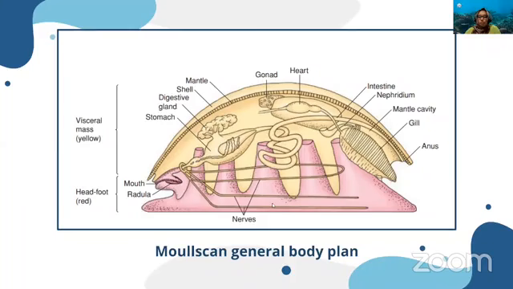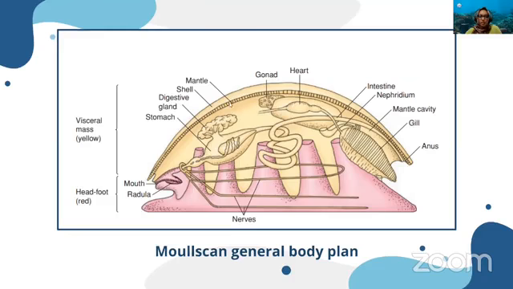From the mouth, we can see the stomach and the intestine, and that goes up to the anus. So they have a complete digestive tract. They have a heart which opens into the body cavity, and then the gills here.